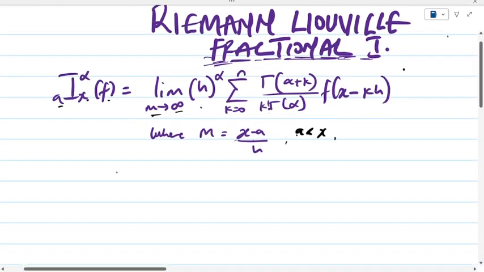So let's check what if our alpha is equal to 1. What will be our result? Let's substitute alpha equals 1 in this Riemann integral.